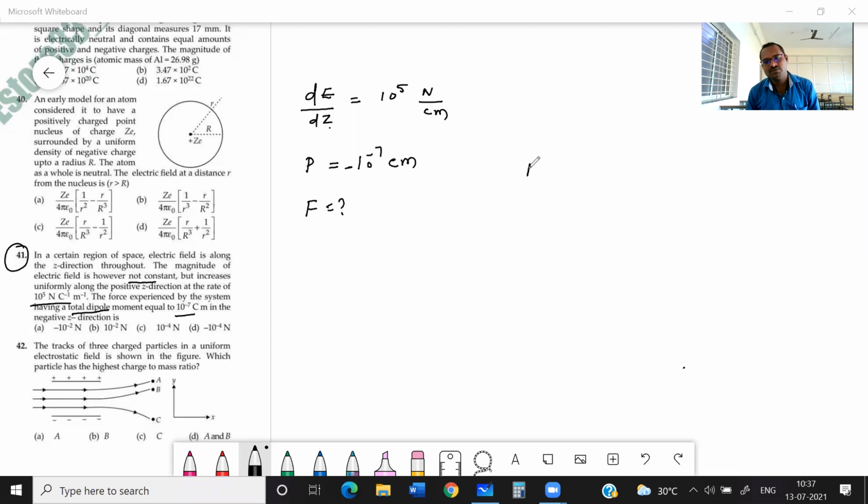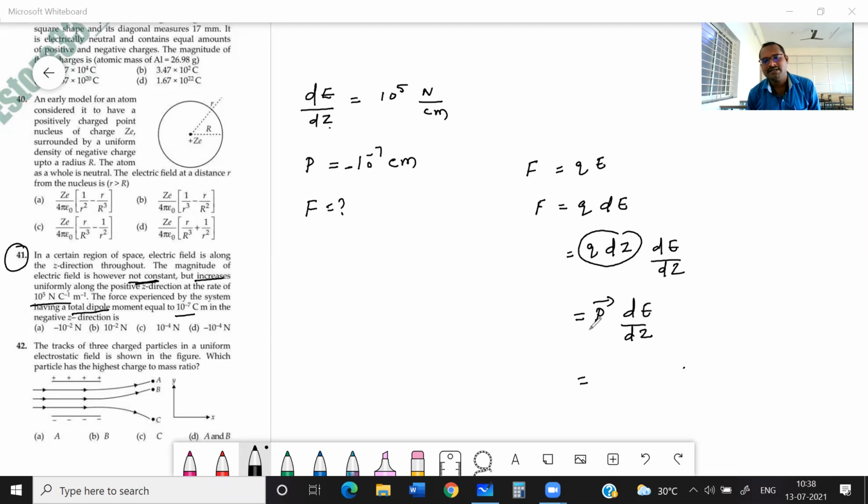As you know, force can be written as Q into electric field. Here they said that the electric field is not constant, so for a non-uniform electric field, I will multiply and divide with dz. Charge into length can be written as dipole moment, and this is dE by dz.